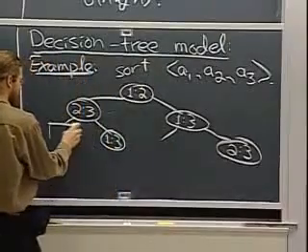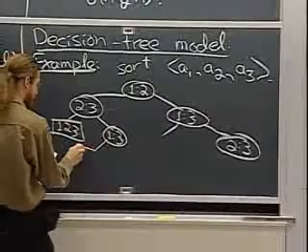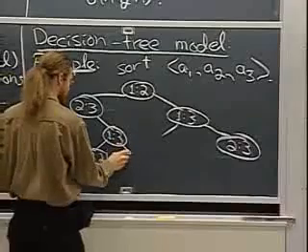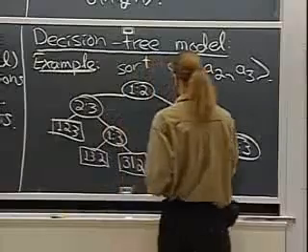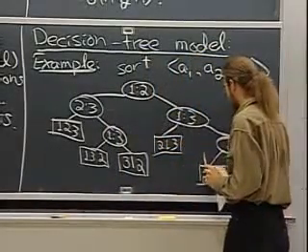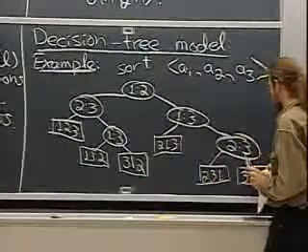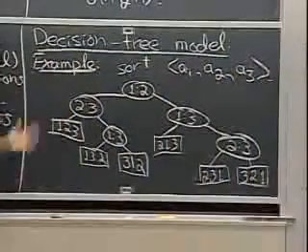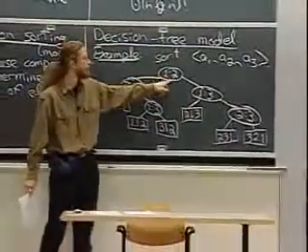This is, in a certain sense, an algorithm, but it's drawn as a tree instead of pseudocode. So what this tree means is that each node, you're making a comparison. This says compare A1 versus A2.